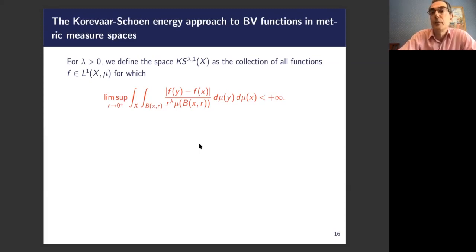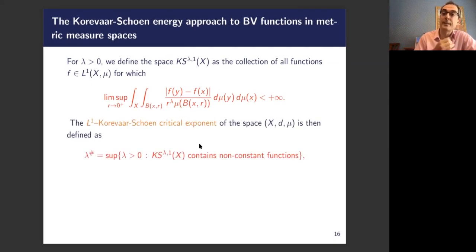And this family of spaces depends on the parameter lambda that intuitively quantifies the regularity of the function. That is, to develop a theory of smooth functions in a possibly very rough space, we want to take lambda as large as possible.